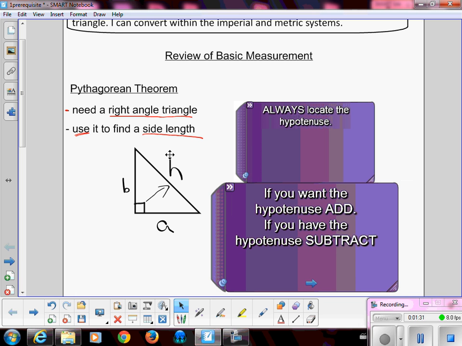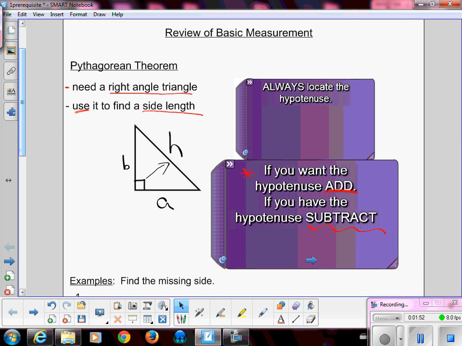If I want to find the hypotenuse, I'm going to add. If I have the hypotenuse, I'm going to subtract. It makes sense: the hypotenuse is the longest side.